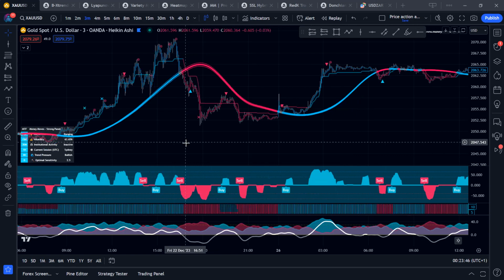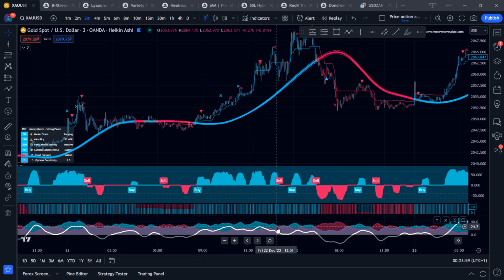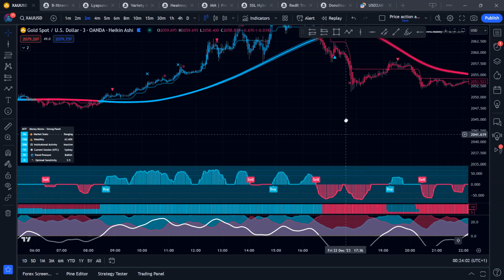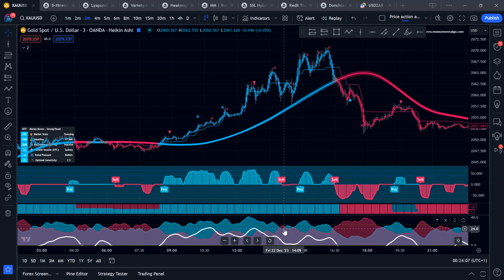Here we have it's above the SSL line, signal printed, the trend pressure is blue, and in this area right here, let me zoom in, you can see that both this and this buy signal is blue, as is the downtrend trend ribbon, but this one is red right here. Then we can understand that it's just a pullback and it's going to continue.